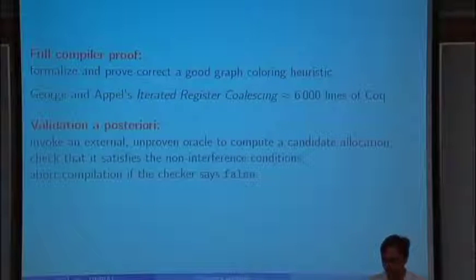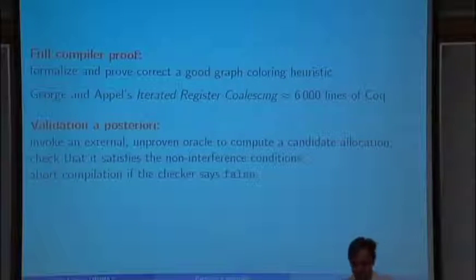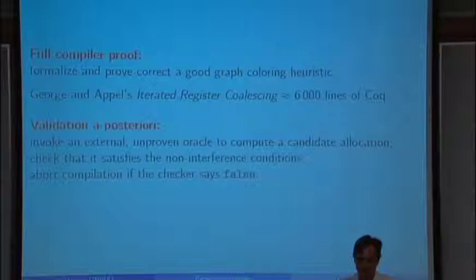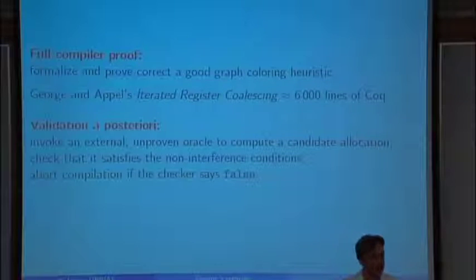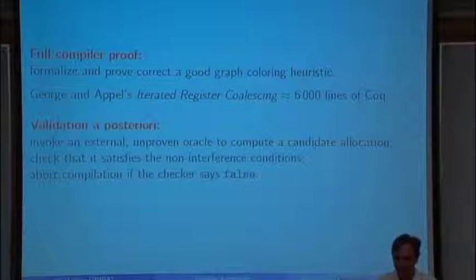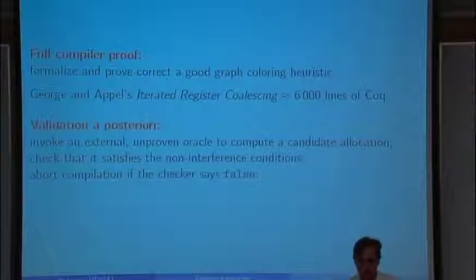Okay, it can be any off-the-shelf graph coloring package. And then, before using it, we will check that this candidate allocation is indeed a correct coloring, that it satisfies the non-interference conditions. We will do that checking with a Coq function that is proved correct, okay? And if that Coq function says no, then we abort compilation, okay?